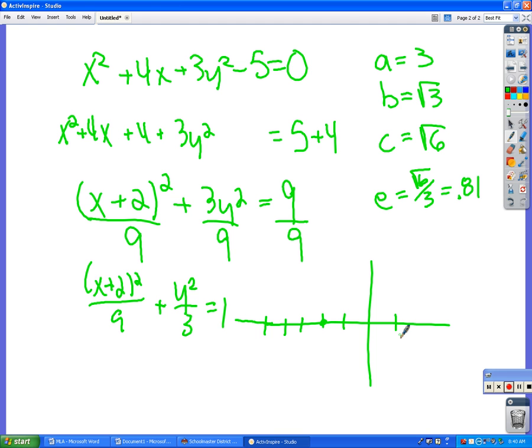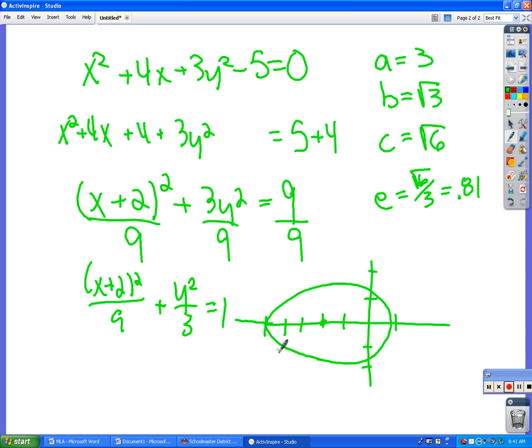How far up and down do I go? Root 3, which is like 1 point something. So I'll just go 1.7. Okay, so maybe there and there. Whoops, that's not a great ellipse, but you can see it's pretty stretched out, right? Because the eccentricity is fairly close to 1.